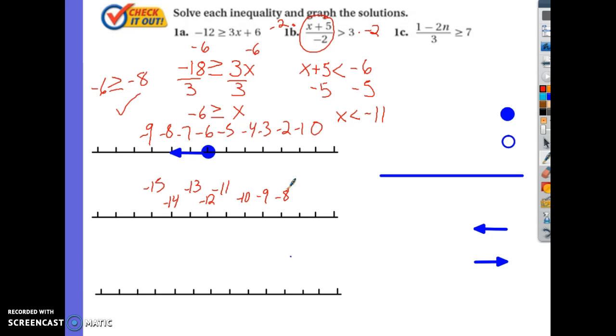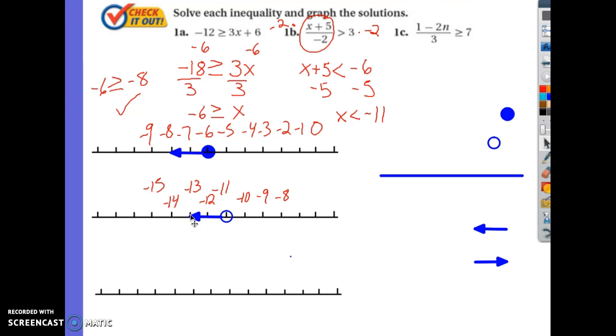It is an open circle because it can't be equal. Open circle on negative 11, and x is less than negative 11, so we grab the appropriate arrow and head off to the left.